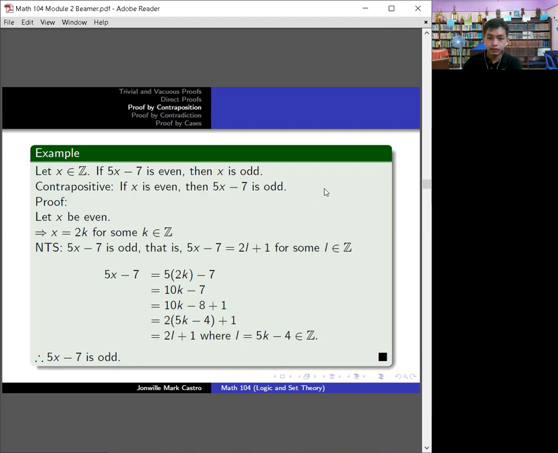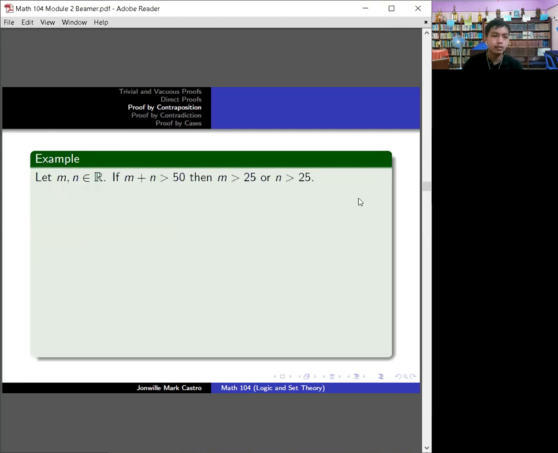Another example, let M and N be in R. If m plus n is greater than 50, then m is greater than 25 or n is greater than 25. So proof by contraposition, kailangan natin yung contrapositive niya.